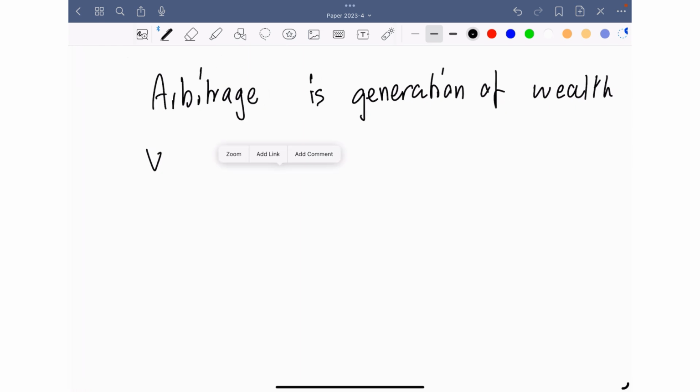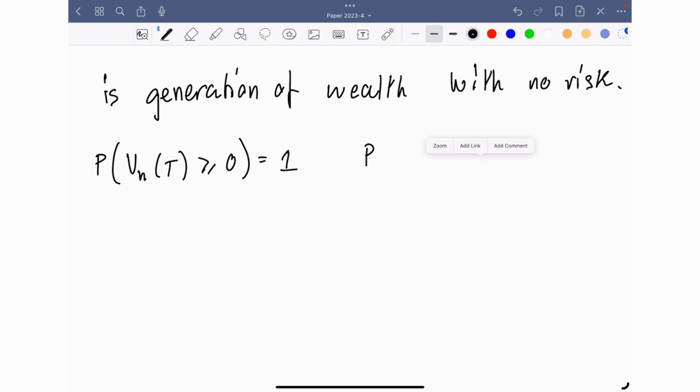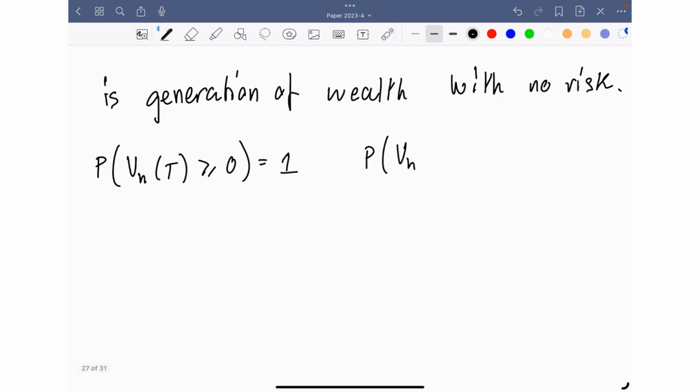the value of your portfolio H at time 0 is equal to 0, and the probability that at T it is greater than or equal to 0 is equal to 1, and the probability that it is greater than 0 or less than 0 is equal to 0.